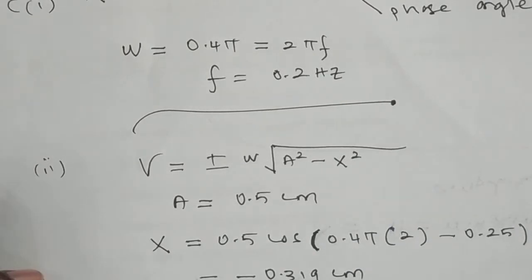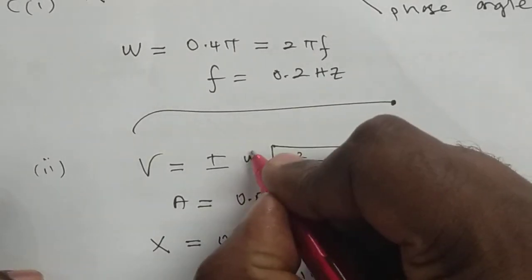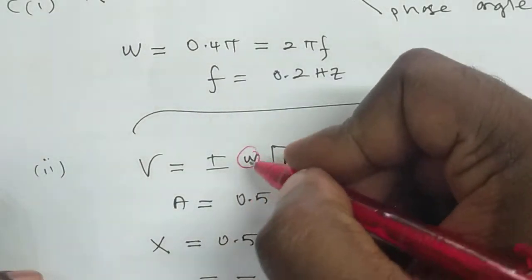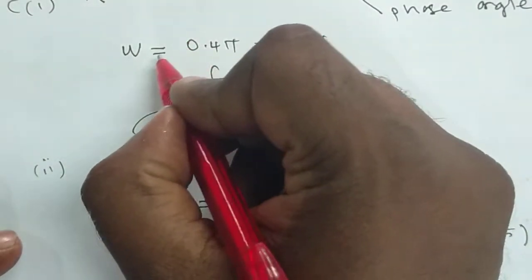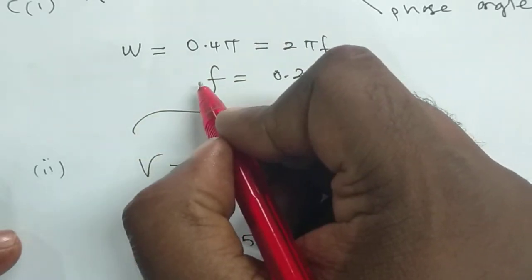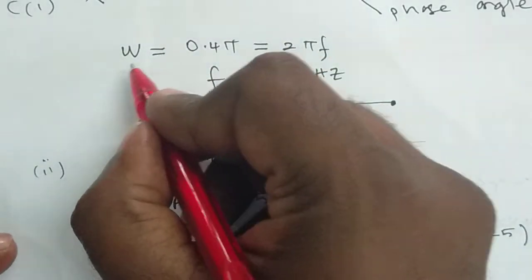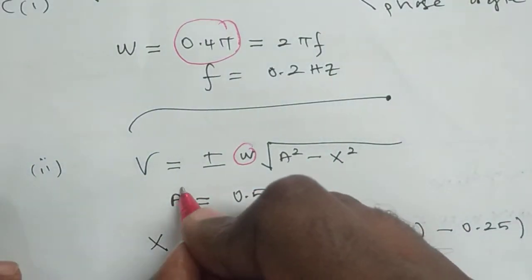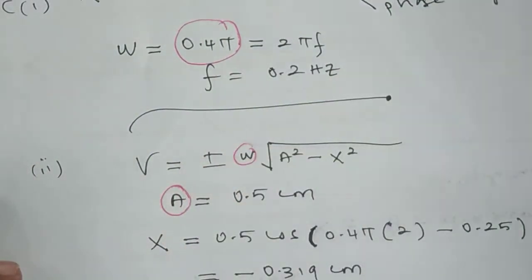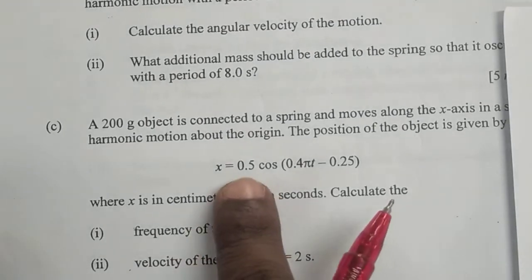From this formula, omega is given from section C1, which is 0.4 pi, and the amplitude is given in the question. A is 0.5 centimeter.